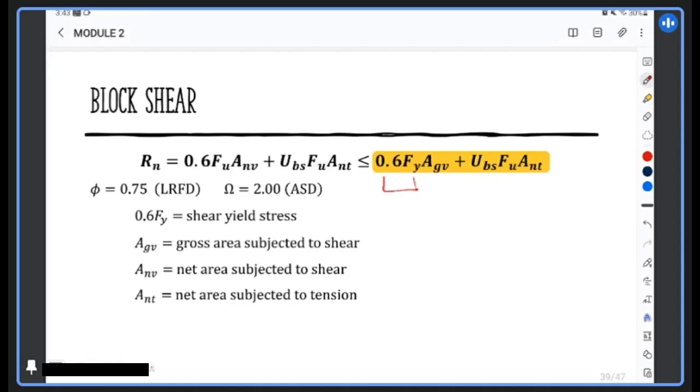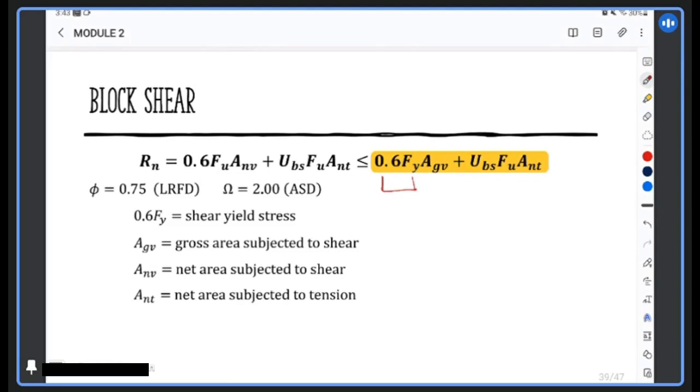Net naman, doon na natin ibabawas yung mga butas. Okay? And then Ant, that's the net area subjected to tension. That's the gross area for tension minus the area of the holes. Okay, mga butas.